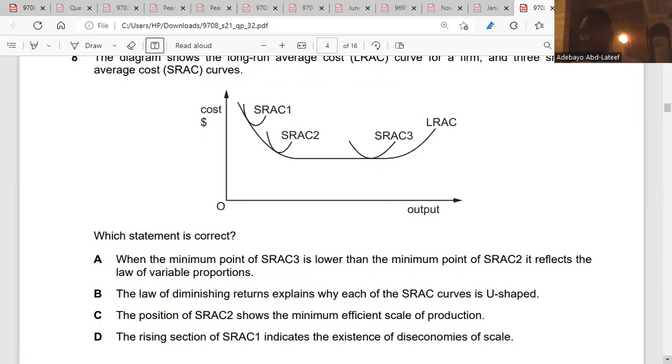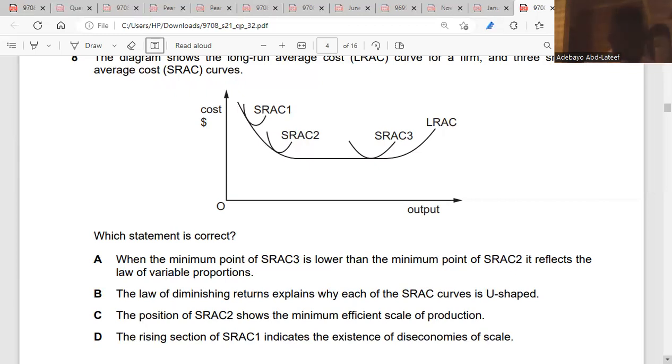So it is U-shaped. It is U-shaped because as output increases, your average cost should fall in the short run. But as soon as it exceeds that point, then it becomes diseconomies of scale. So short-run average cost is a U-shaped curve. So the answer is, they said the law of diminishing returns explains why each SRAC curve is U-shaped. Yeah, that's the answer. Is it clear, please?